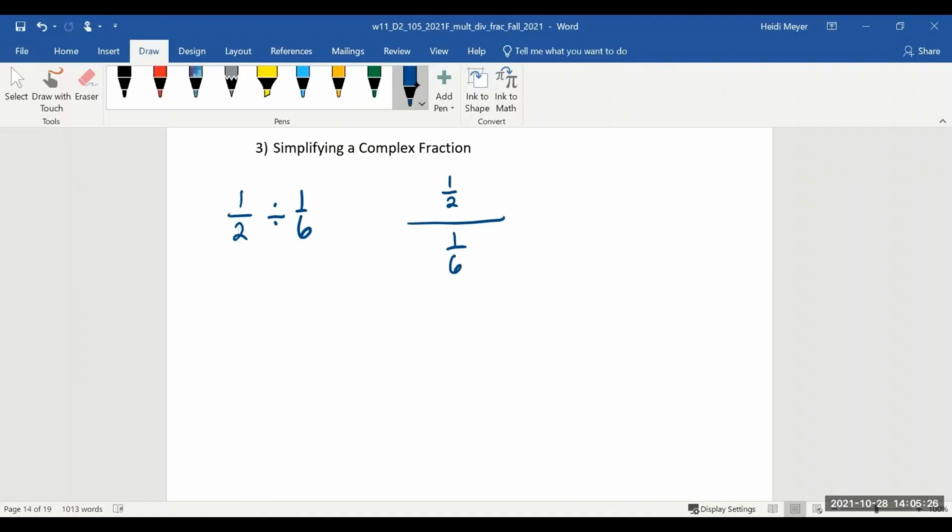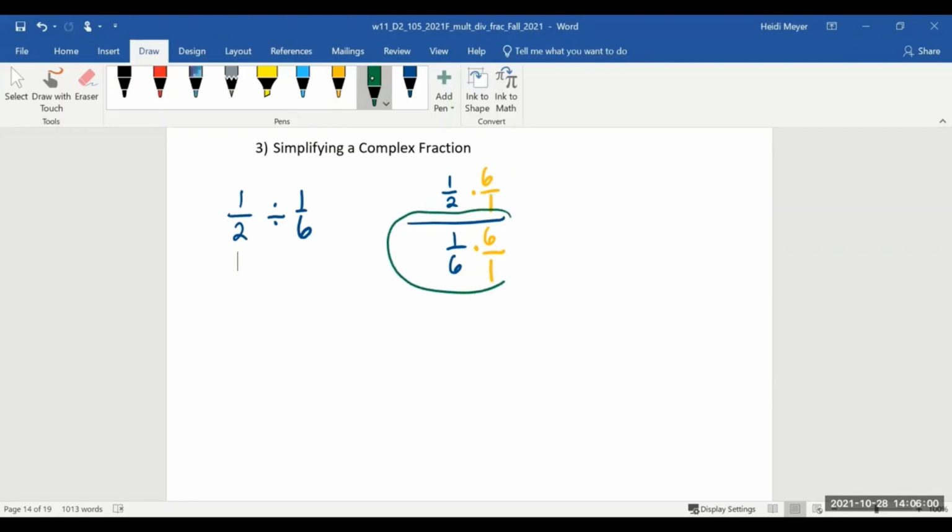Now at this point, we might start freaking out because now we've got what's called a complex fraction. And I don't know that I would do this to a third grader. Okay, but just for you guys, it would sure be nice if the number down here was a 1, because anything divided by 1, that 1 basically disappears. Well, in order to make that a 1, I could multiply that by the reciprocal, and whatever I multiply by on the bottom, I have to multiply by on the top.